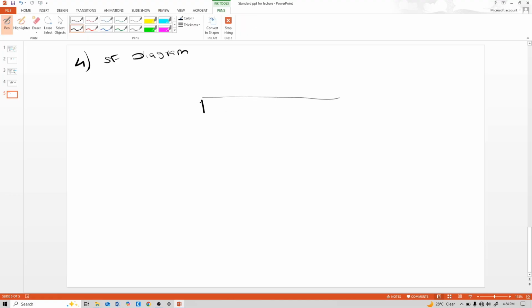Consider this as a beam carrying point load W, and here this is W by 2 and this is minus W by 2, and the shear force diagram is this. This is the upward reaction, so the shear force goes upward.